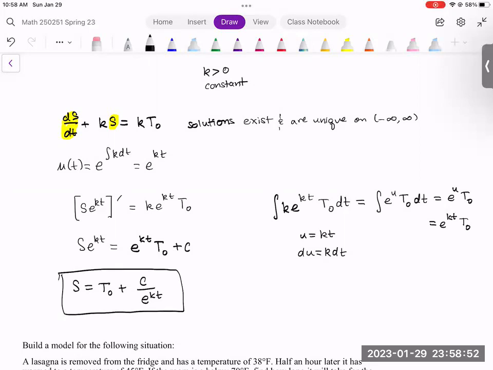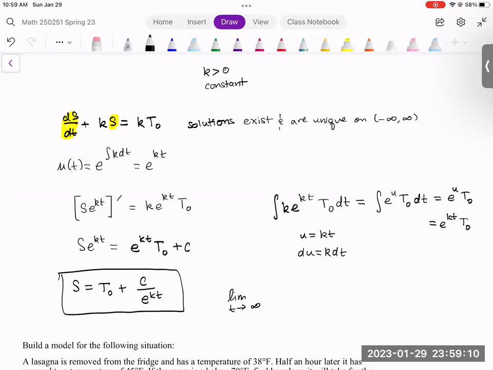Next up, one thing we can think about is what should happen over time. So if we look at the limit of these as t goes to infinity, we started with something that was either hot or cold.